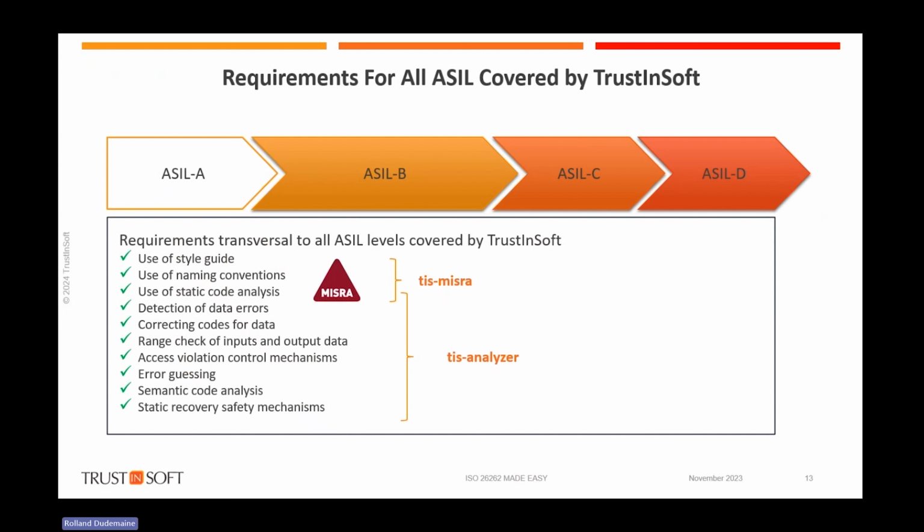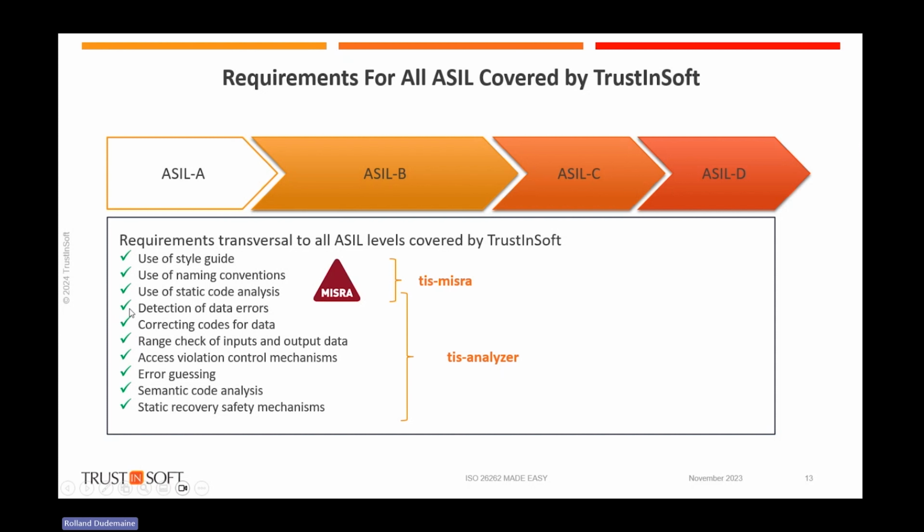So concretely, if you go in a little bit more in details, the analyzer will contribute to the static code analysis, to a number of activities here, like range check of inputs and output data, because the very function of the analyzer, if you use it in the generalized mode that I mentioned earlier, is to do range checking and range analysis of the data that flows through your code.